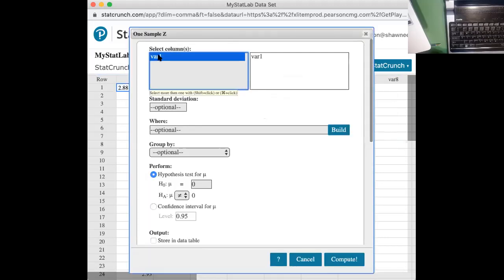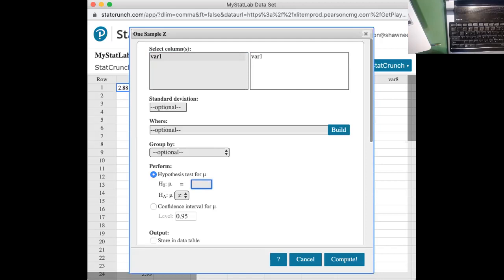This looks like what we did to get the confidence interval. But now, instead of doing a confidence interval, we're going to say hypothesis test, because that's going to give us a p-value as part of this report. But now when we do the hypothesis test, we have to tell it what the null hypothesis is, because it doesn't know that. That information's not in our sample. We have to tell it what the null value is.